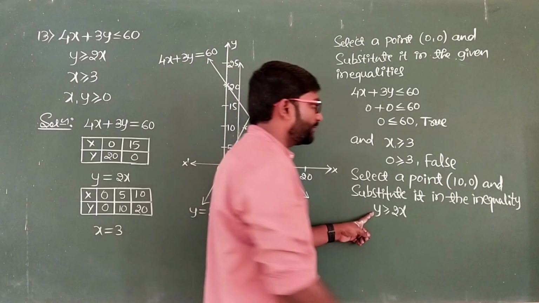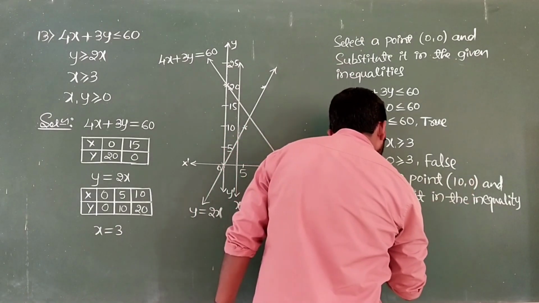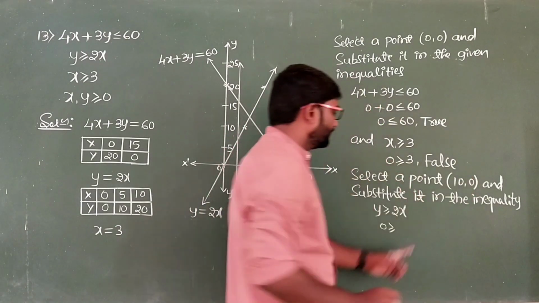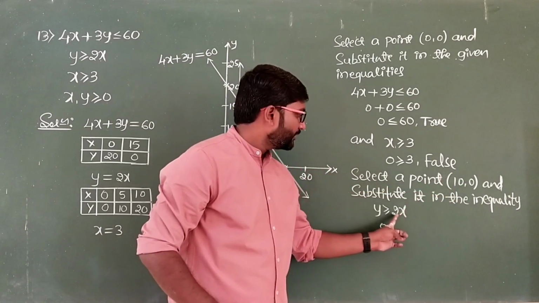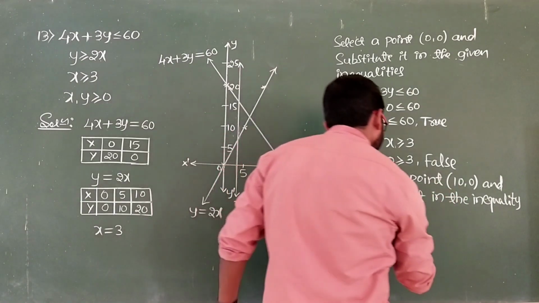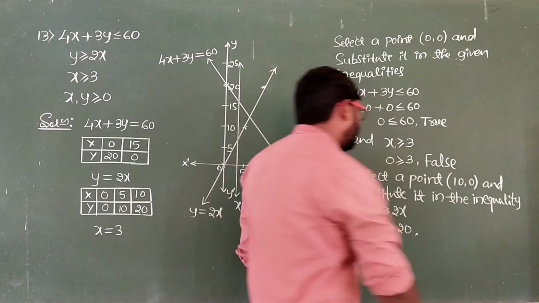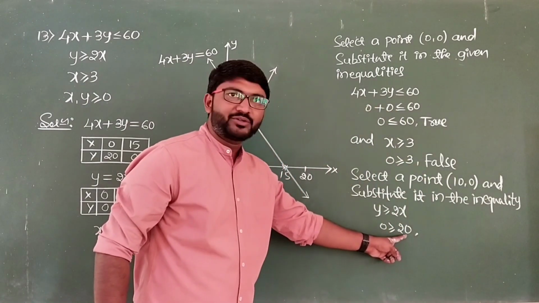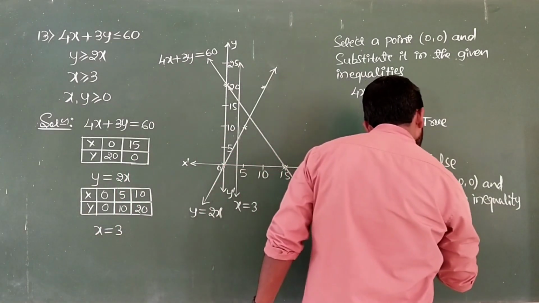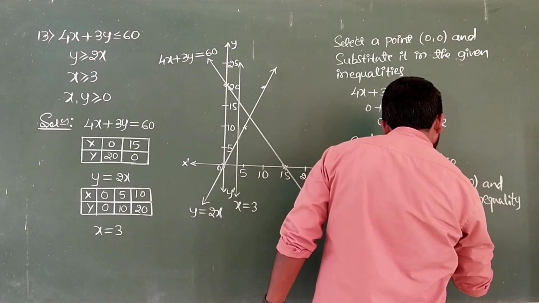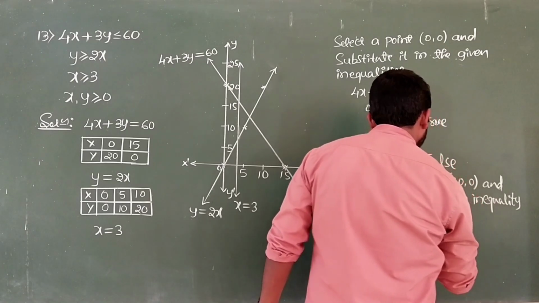So now what is the value of y here? It is 0. So 0 greater than or equal to the x value, which is 10. 2 into 10 it will be 20. So what we have got now, 0 greater than or equal to 20, which is false. The condition has failed here.